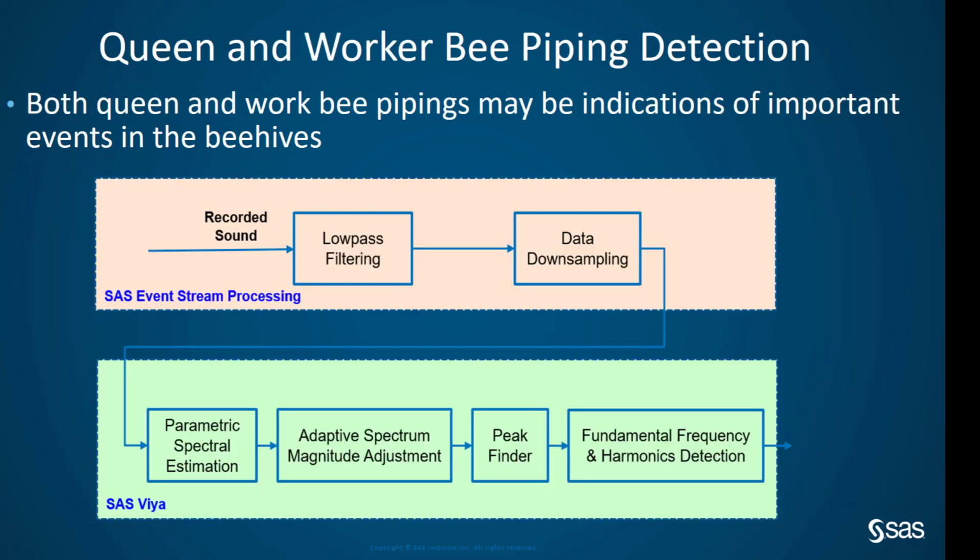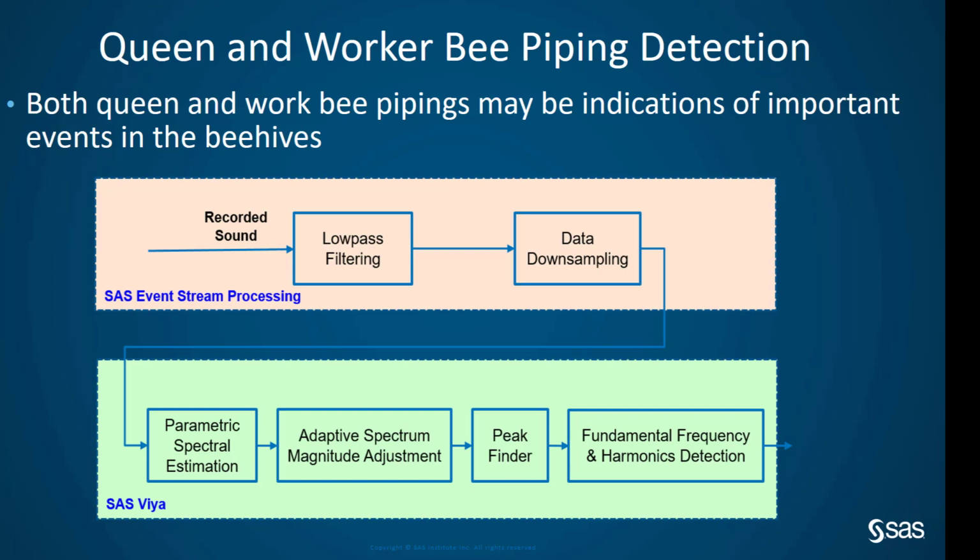As mentioned earlier, both queen and worker bee pipings may be indications of important events in the beehives. Next, I will talk about how we reliably detect these sounds. As shown in this diagram, the recorded sound data is still streamed in, low-pass filtered and downsampled.